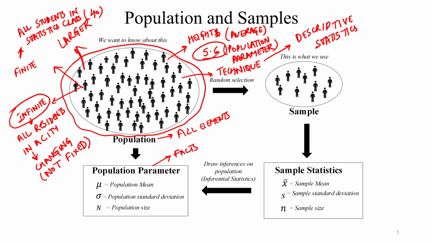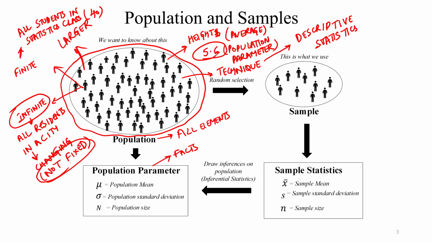In addition, by the time we get a value, the population might have changed because some people move in and some move out. So that's one of the reasons why we don't want to work with the entire population.